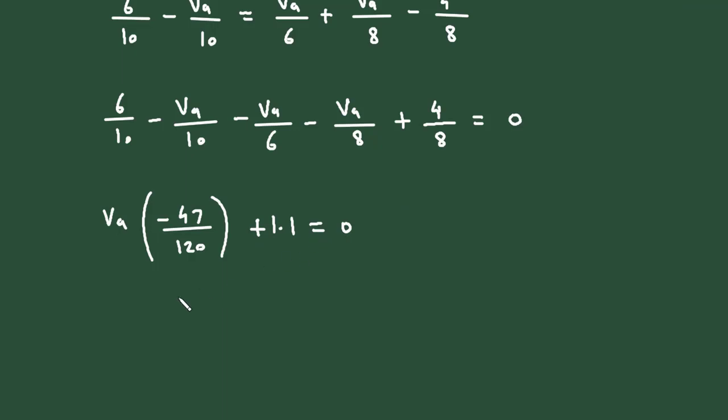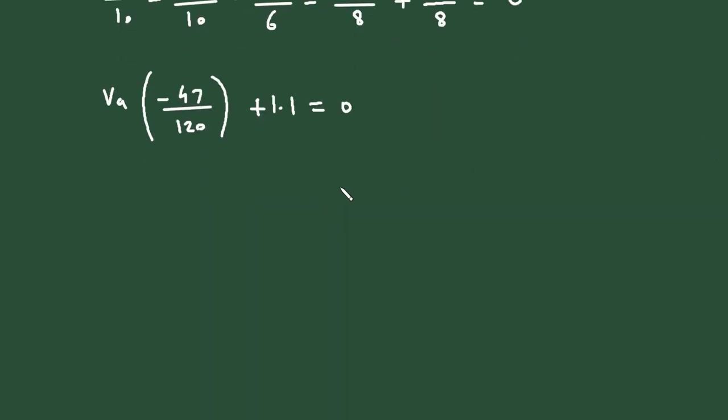If we take this on the right side, it will be VA times minus 47 by 120 is equal to minus 1.1.